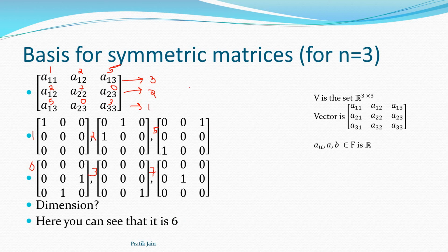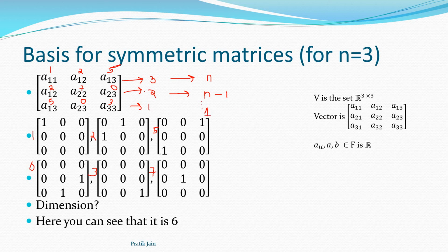Now, if you have an n cross n symmetric matrix, you will have n over here because there will be n columns, right? For the second column, you will have n minus 1. So this is the general case, okay? If suppose you have an n cross n symmetric matrix. And like this, it will go on till you reach 1.